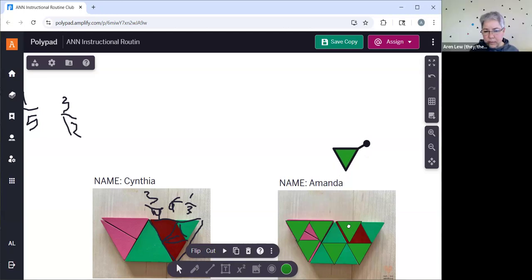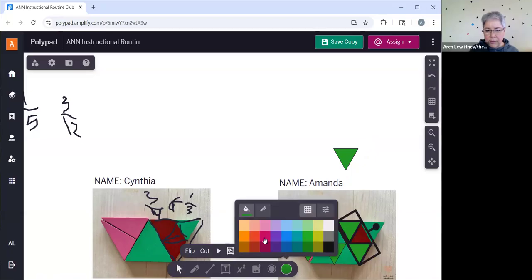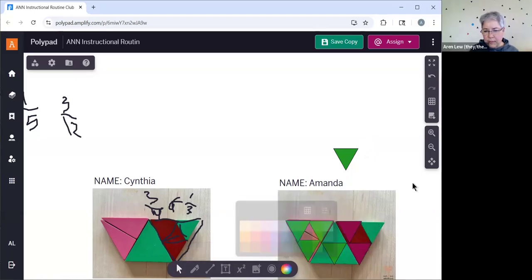Okay. So, like these two, and then the other one in between. Oh, excellent. Okay, great.